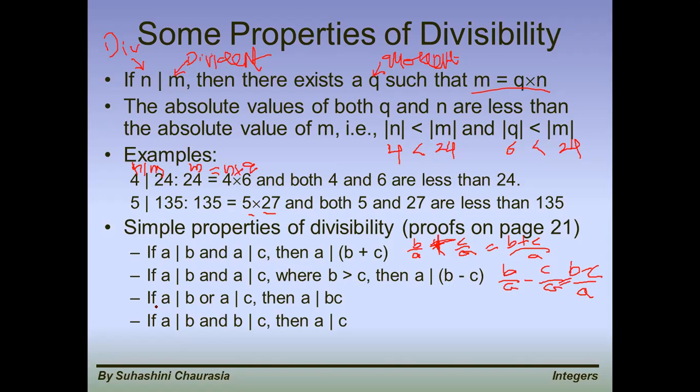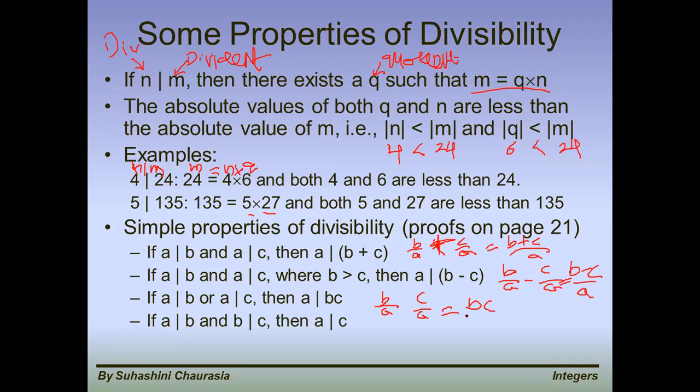Now in this case, if A divides B or A divides C, then you may have this formula, that is B upon A and C upon A. So you may have BC upon A.